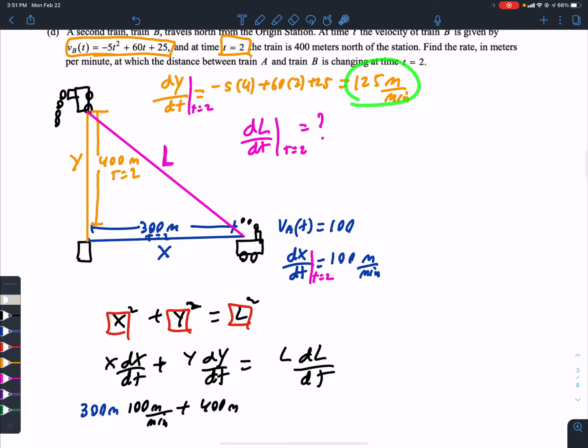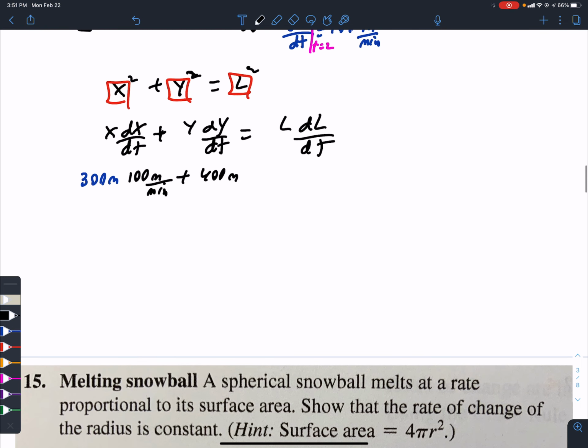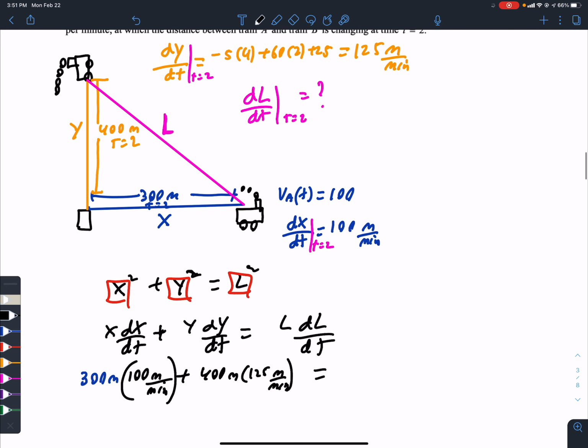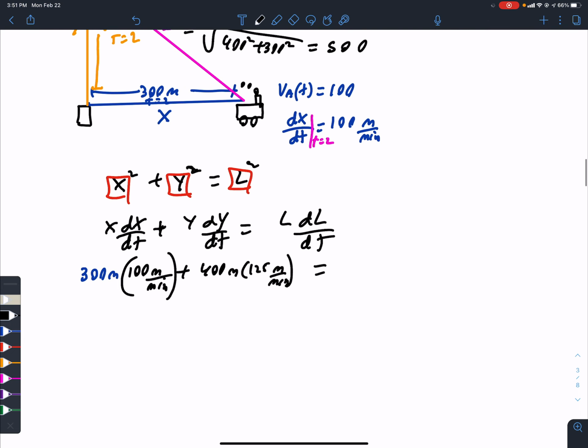Yes, that's 125. And the last thing I'm left with is, do I know L? I can use the Pythagorean theorem. L is going to be the square root of 400 squared plus 300 squared. I believe that comes out to be 500. So L is going to be 500 meters. And dL/dt is what we're looking for.